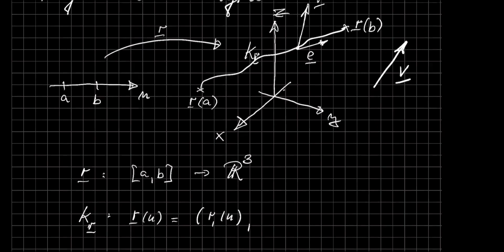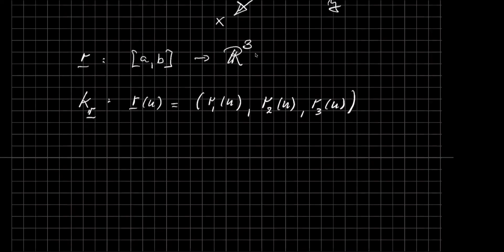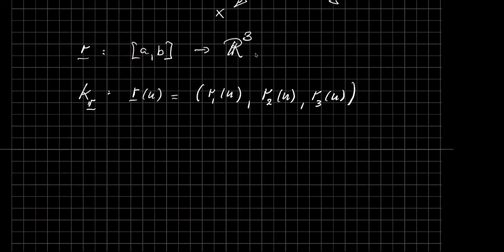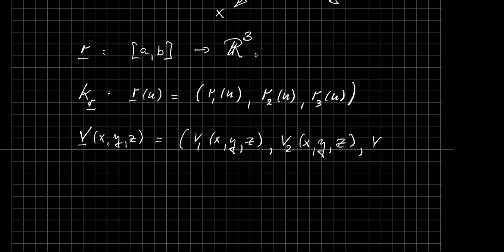R1 of u and R2 of u, and then R3 of u. Also, you have this vector field given everywhere in 3 space, and it's given by its coordinates v1 of x, y, z, v2 of x, y, z, and finally v3 of x, y, z.